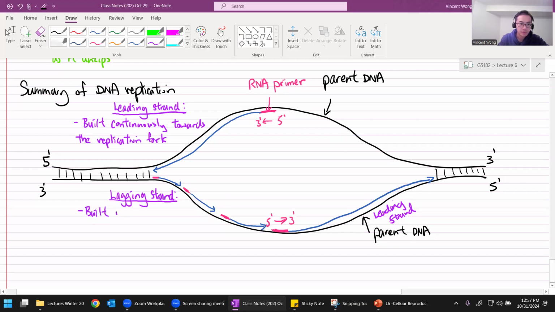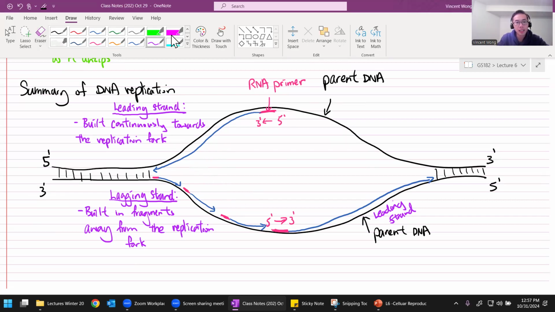Built in fragments, away from the replication fork. That's called towards the fork, and that's called away from the fork.